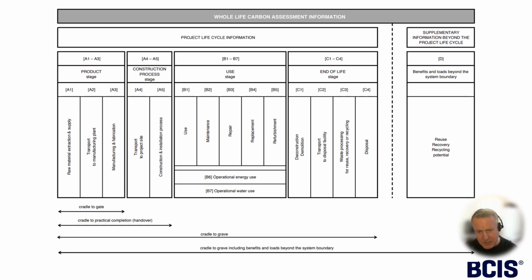There are other materials that you may not be able to repurpose. So module D is very much about the potential of recycling, and that's covered by cradle to grave, including benefits and loads beyond the system boundary. So again, we're not going to dwell into details on this initial webinar.